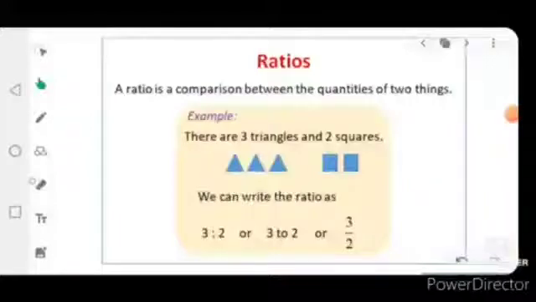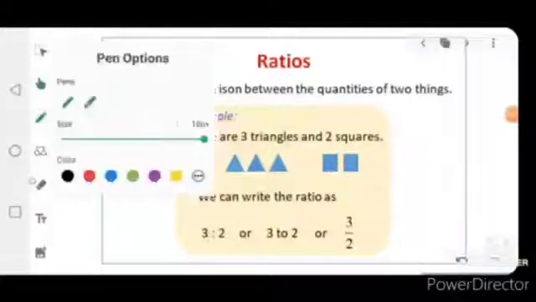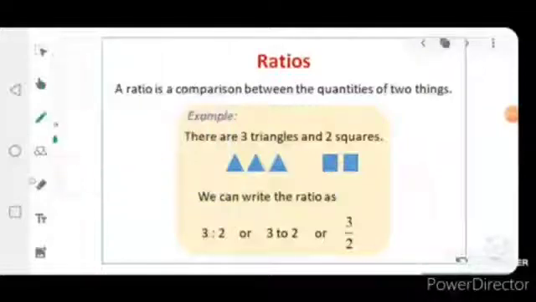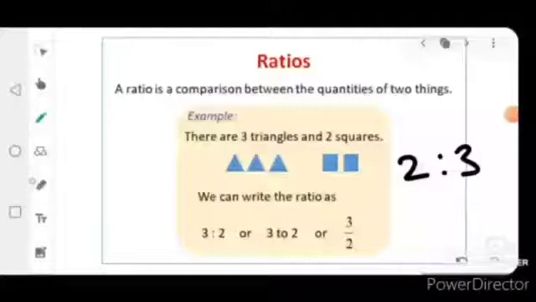The ratio of squares to triangles is 2:3. Okay, so this is all about the ratios.